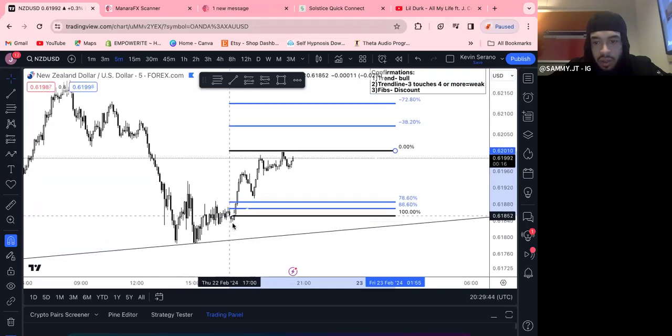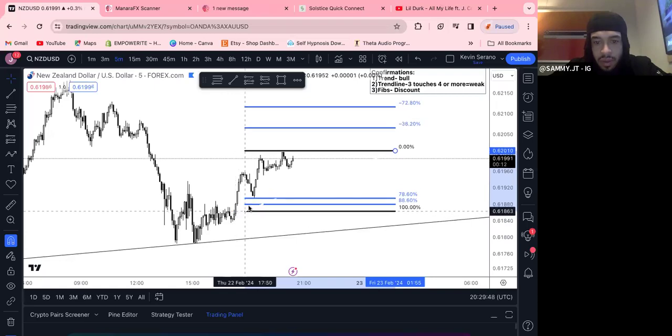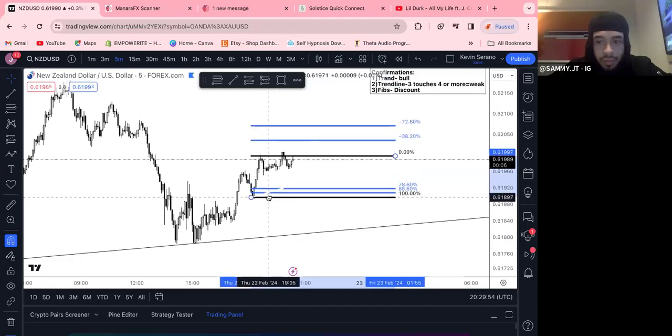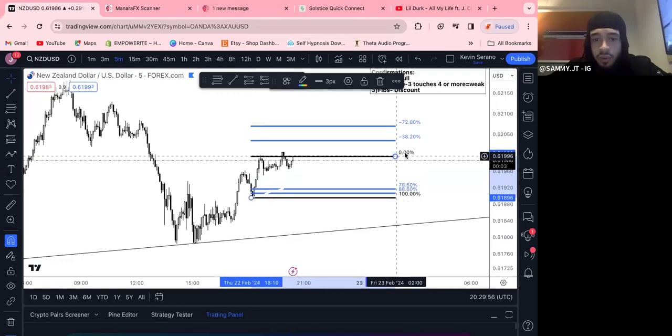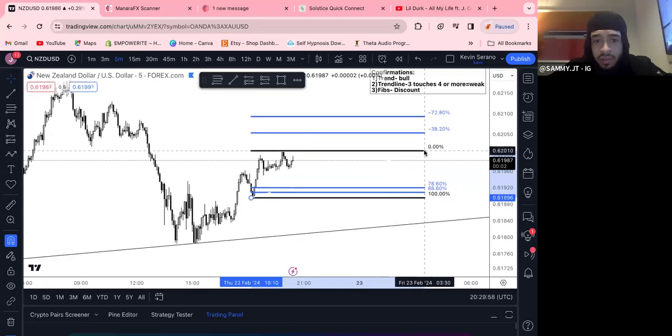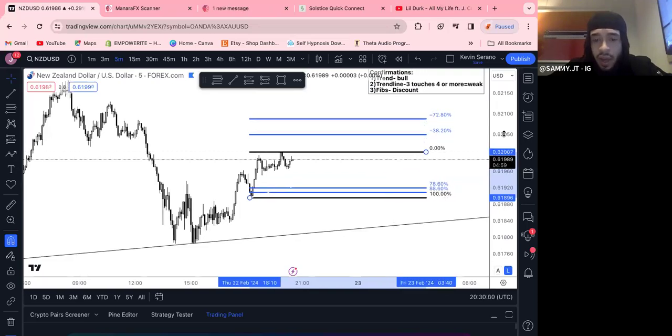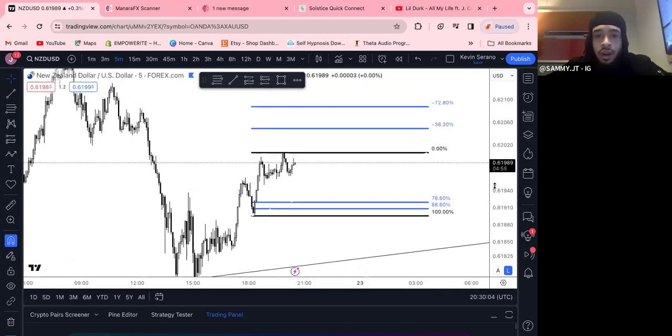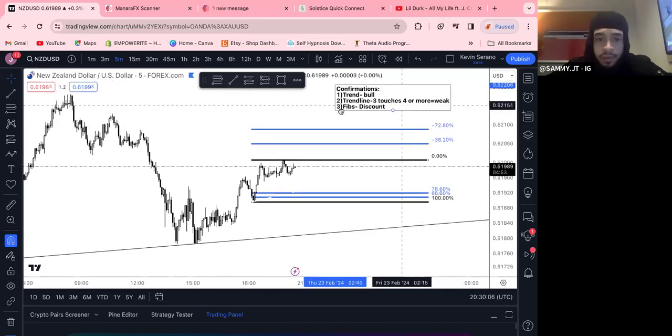How high have they pulled this? 92. Okay, they pulled it from here. That's fine. We're gonna go off the scanner. And they pulled it from here to here. So that is where they pulled it from. So our third confirmation, guys, is fibs.